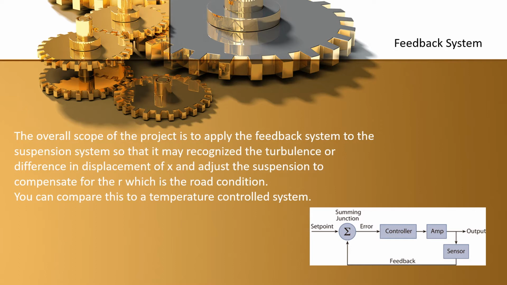So when the wheel has a large impact or a constant bumping, the system can adjust the suspension to have an even level for Y, for a smoother ride for the rider.